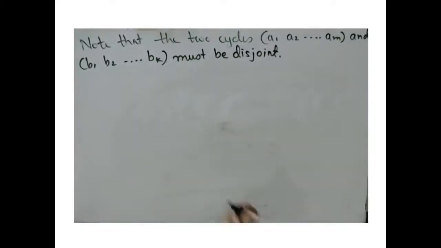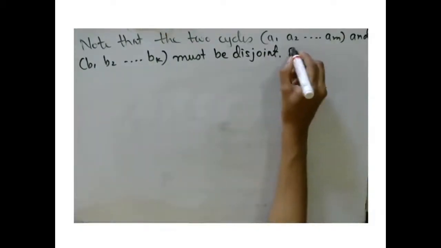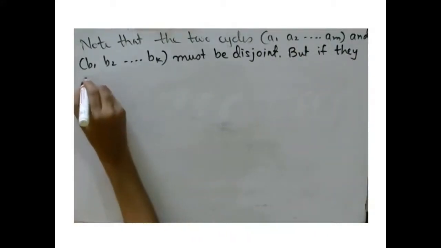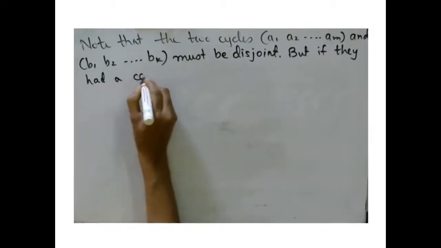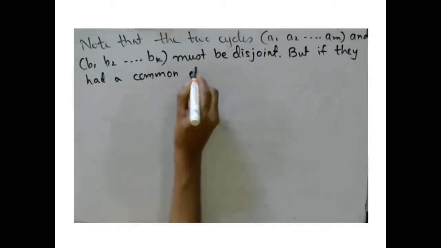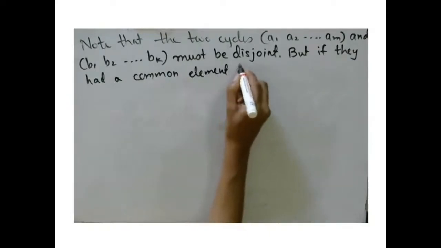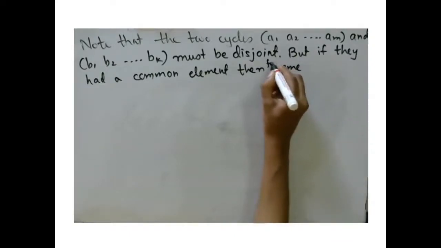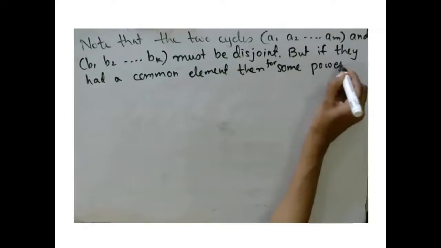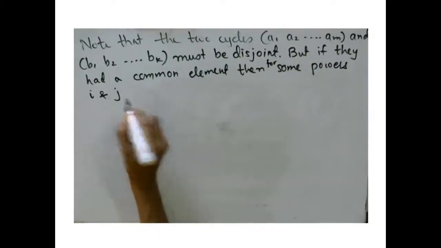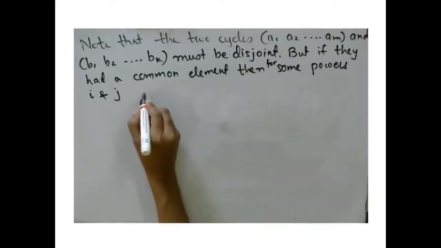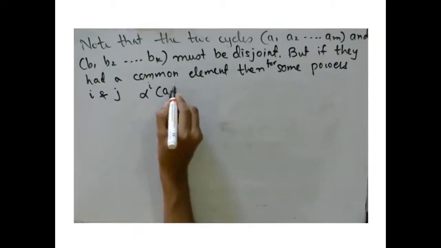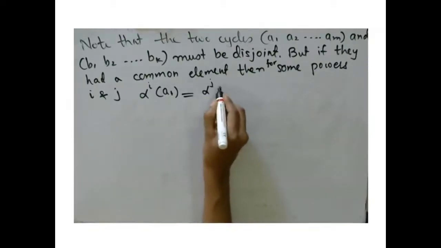But if they are not disjoint, then what will happen? Suppose they had a common element. Then for some powers i and j, common element means you will have alpha raised to i of A1 equal to alpha raised to j of B1.